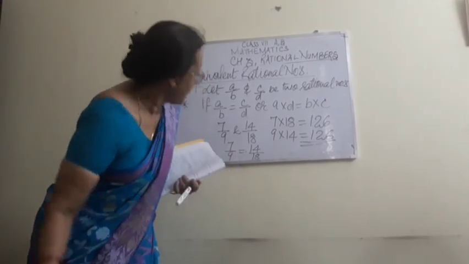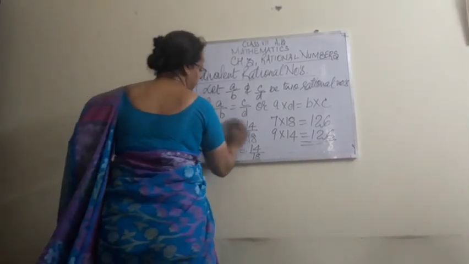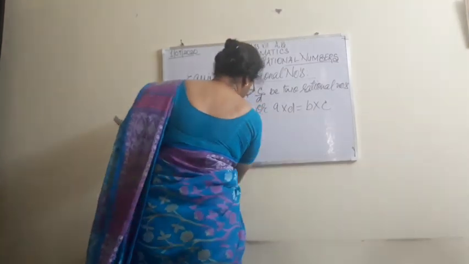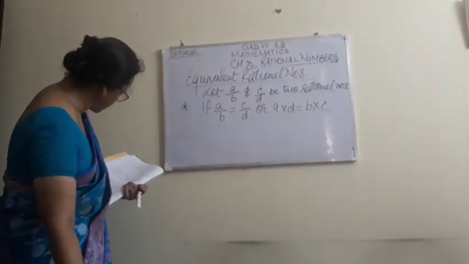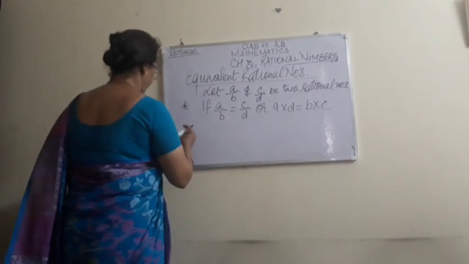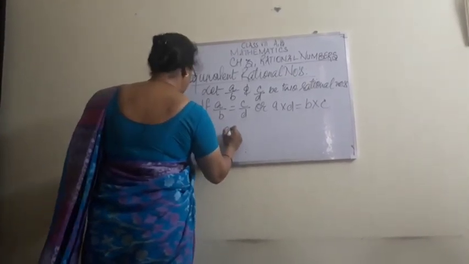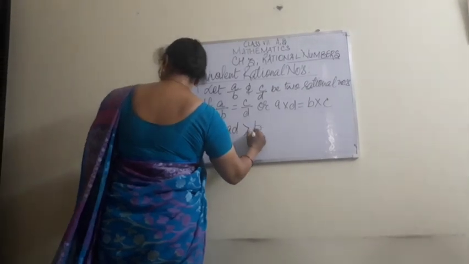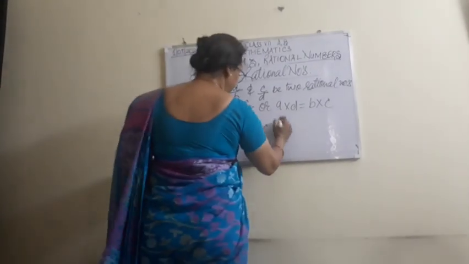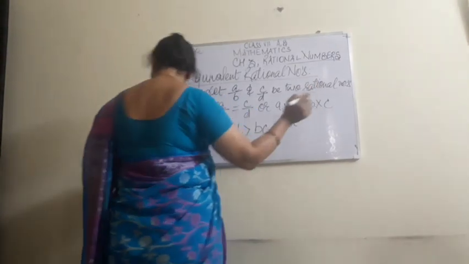Okay, now I will go for the second. Second is if AD is greater than BC, then there is a comparison.